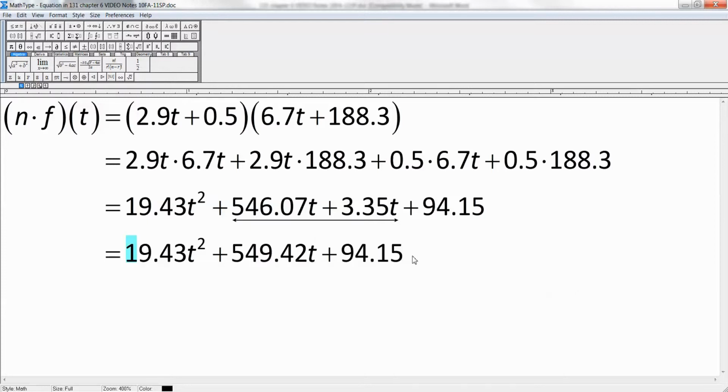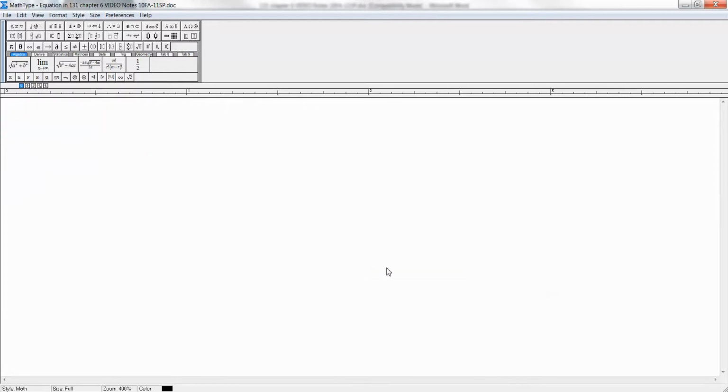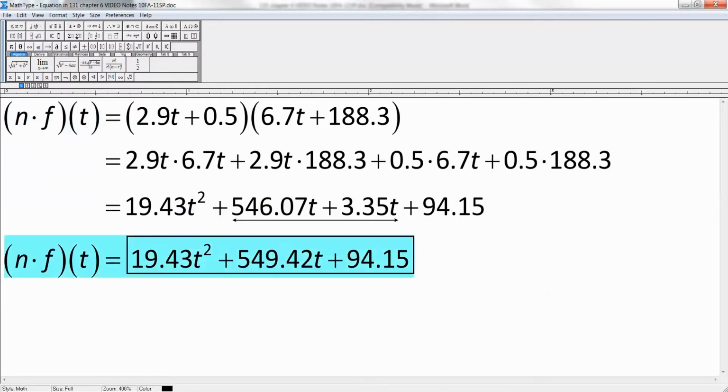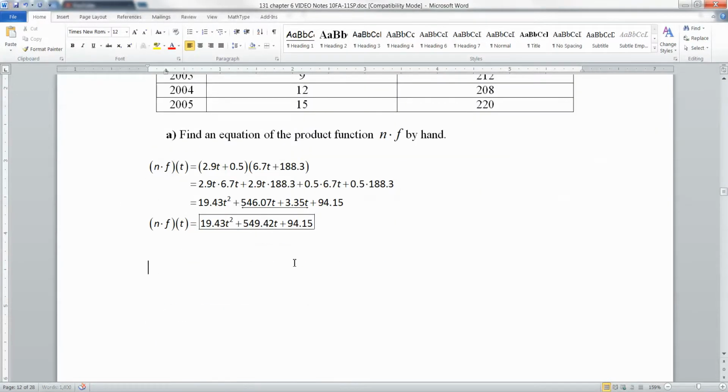There we go. We have our big product function, which is what they asked us to do. All right, so part A is done. We found the function by hand. Isn't it beautiful? Now we're going to perform a unit analysis.